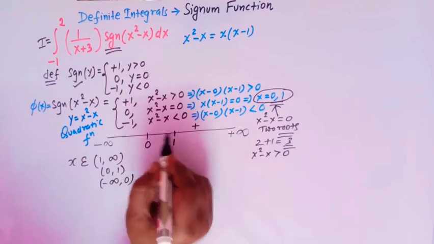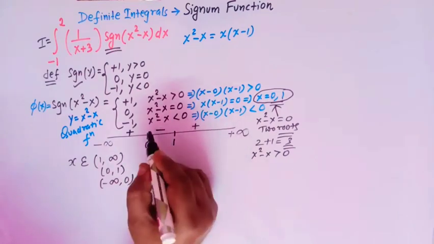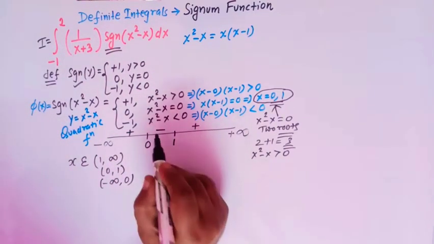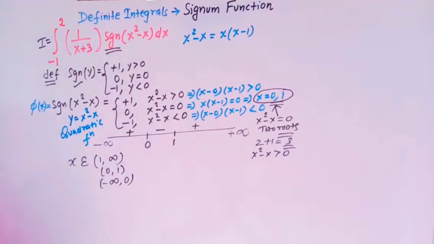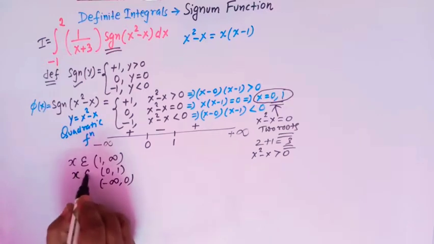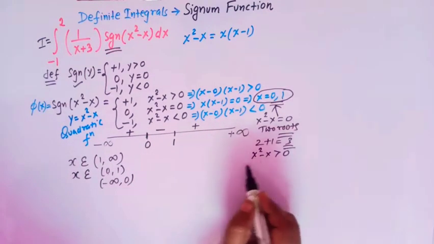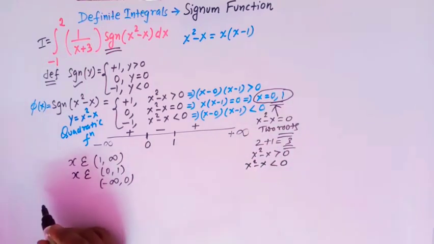Then we alternatively take negative sign and then positive. So plus, minus, plus, right? So first we'll have positive sign, then negative sign, and then positive sign, right? So when x belongs to 0 to 1, then this inequality x square minus x is less than 0, right?